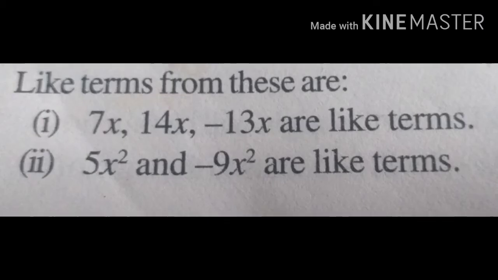For example, like terms from this are the 7x, 14x र 13x. These are like terms. Constant doesn't matter. तर variable सबैमा के छ x x x त्यसले गर्दा यसलाई हामी भन्छौं like terms. सेकेन्ड कुन त्यस्तै छ 5x square and minus 9x square. Variables कति छ x square means this is like terms.